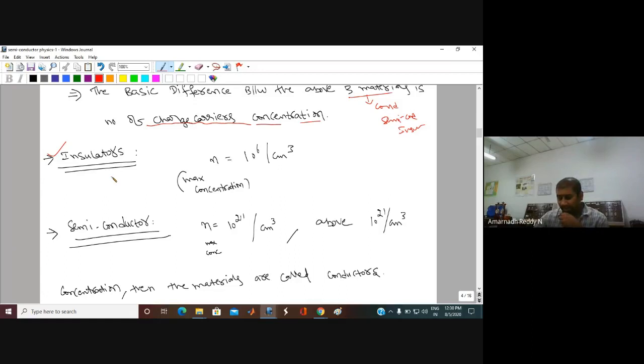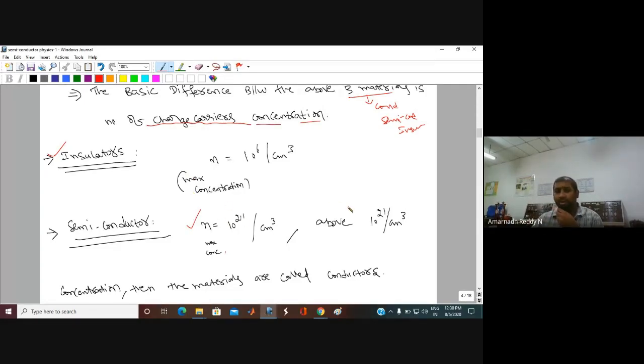The conductivity of an insulator is going to be very poor. In a semiconductor, the maximum concentration is going to be 10 power 21 per centimeter cube. Any concentration below this level we are not considering a semiconductor; it is at the level of an insulator.